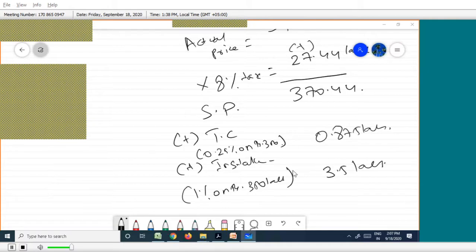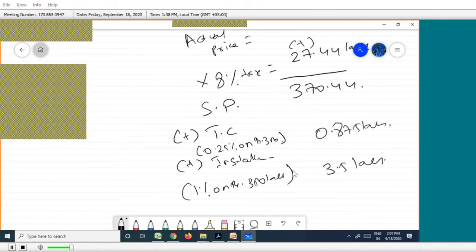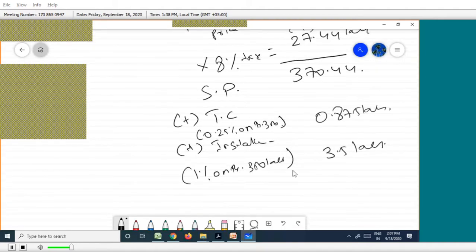So 370.44 plus 0.875 plus 3.5 lakhs. I think we completed the first part of the question.